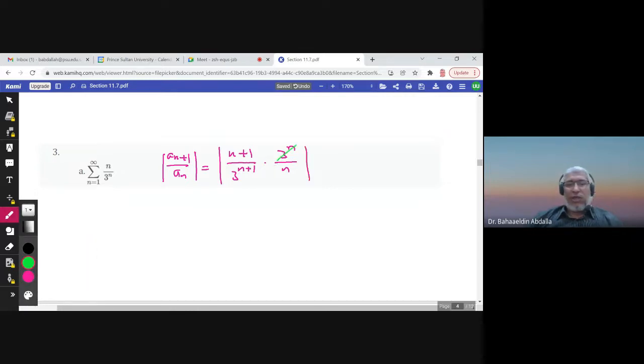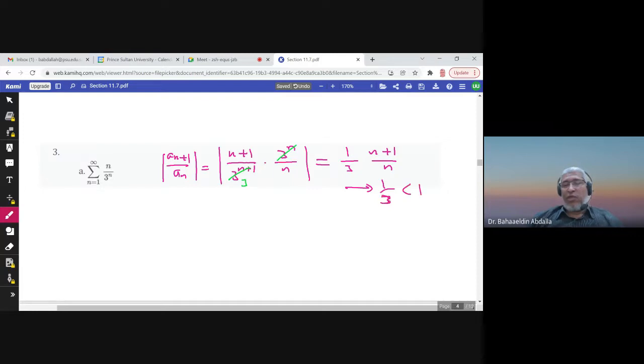This with this, I'll have 3. And if I take now the limit, this would be 1 over 3 times n plus 1 over n. If I take the limit when n goes to infinity, this goes to 1 over 3, which is less than 1. So the series is absolutely convergent by ratio test.